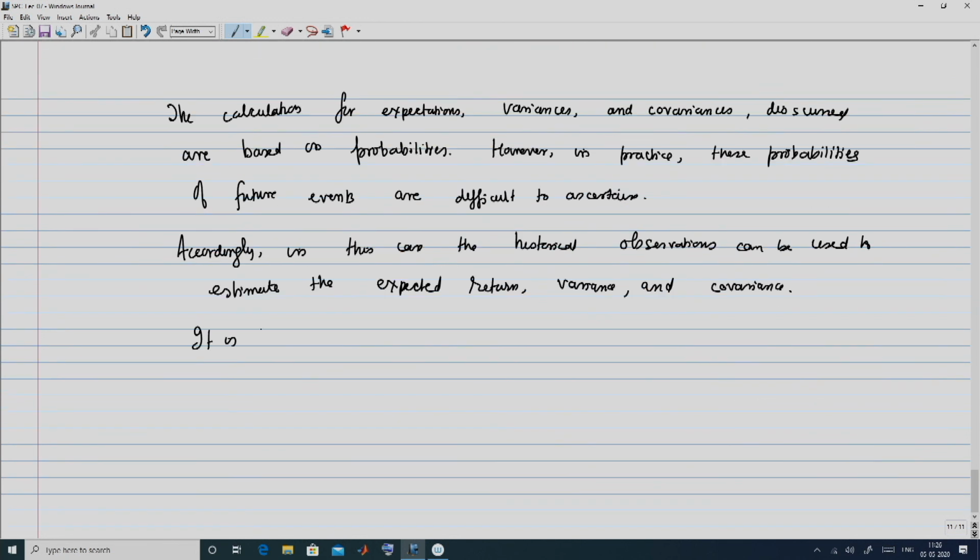So, it is convenient to assume that each observation from the past is equally likely, with the same probability.